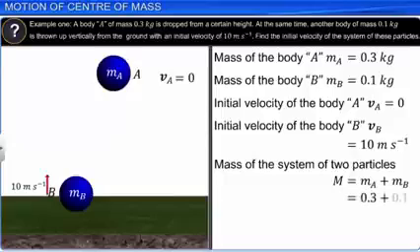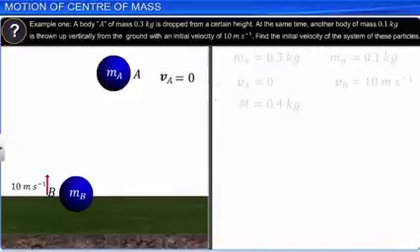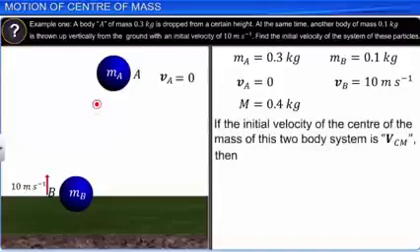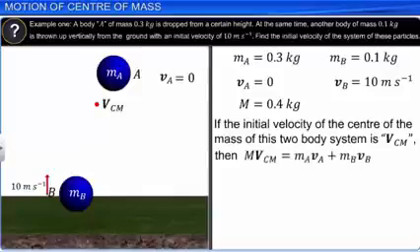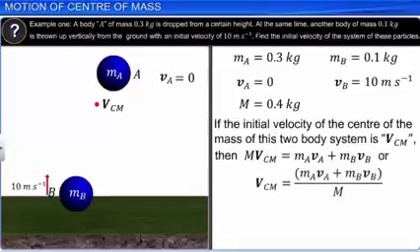If the initial velocity of the center of mass of this two-body system is vcm, then m into vcm is equal to mava plus mbvb, or vcm is equal to (mava plus mbvb) by m, which is equal to (0.3 into 0 plus 0.1 into 10) divided by 0.4, equal to 2.5 meters per second.